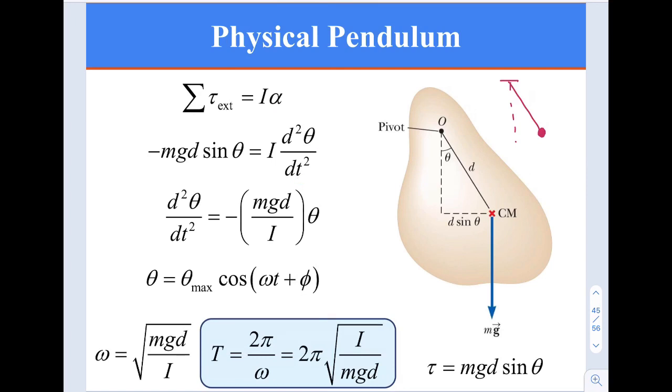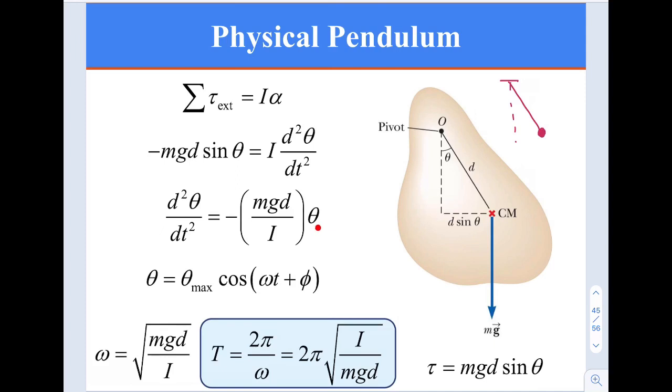Alpha is d squared theta over dt squared. Hopefully you still recall this one. Rearrange, and if theta is small, then sin theta is going to be theta only. So d squared theta over dt squared is equivalent to negative mgd over I times theta.